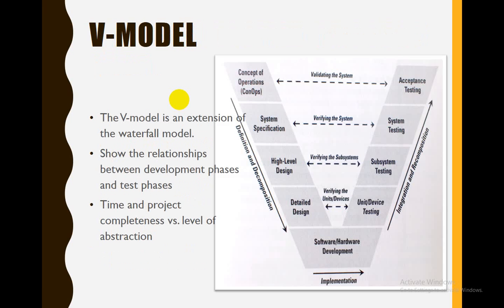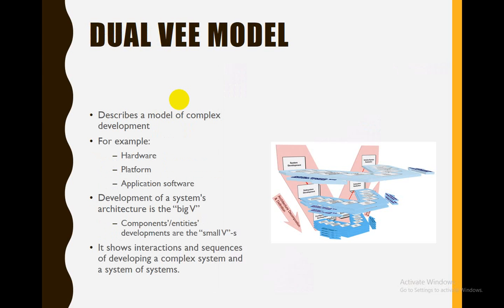The V model is again a waterfall model, generally used for big companies. I would suggest you stay away from it and follow agile, where it's continuous and very fast and all prototype based. The dual V model makes multiple Vs. You check the hardware, software, but if you're using a cloud-based model, you don't have to worry about infrastructure at all.